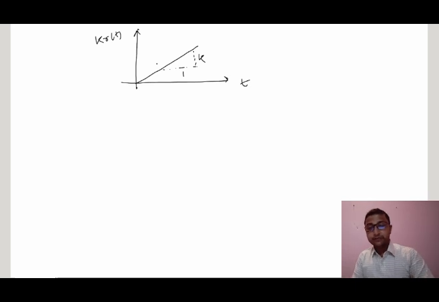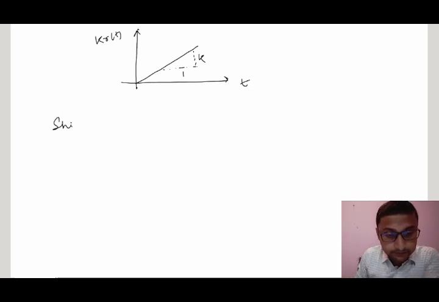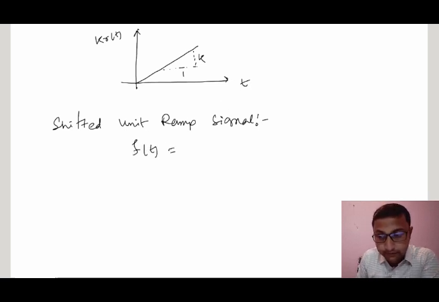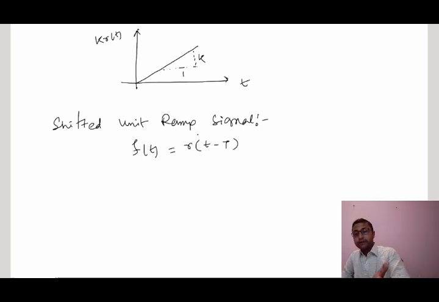Then a similar thing, the shifted unit ramp signal: f(t) is equal to small r(t minus capital T). That means, similar thing, capital T seconds delayed from the origin.